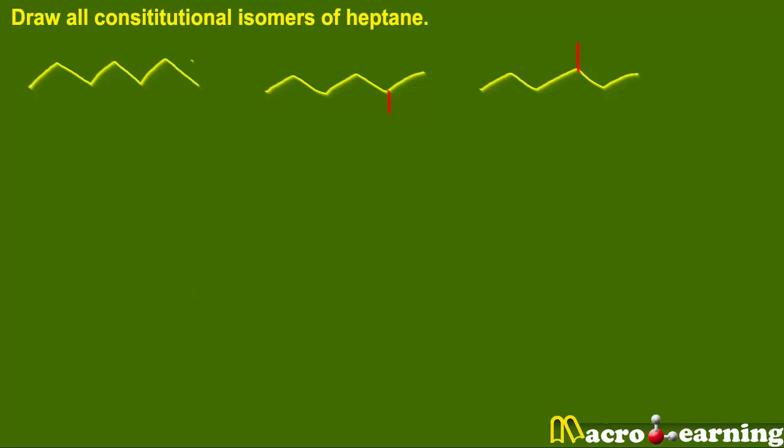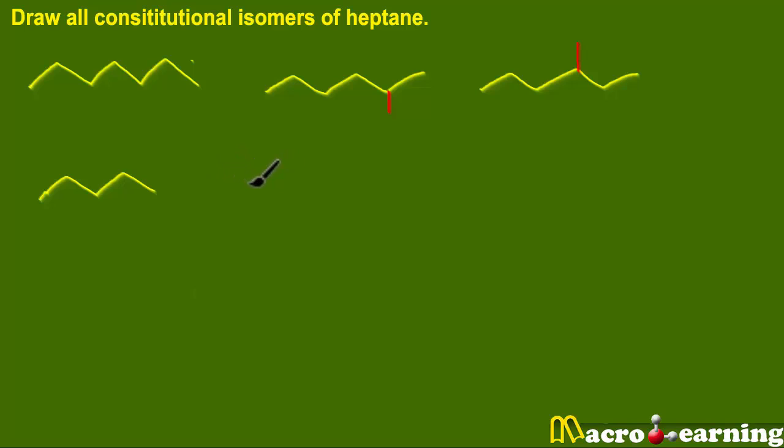So this time we take off 2 carbons from the structure, and we're left with a 5-carbon main chain and a 2-carbon structure to be used as the substituent. So it could be 2 methyl groups or it could be 1 ethyl group. Is that right?